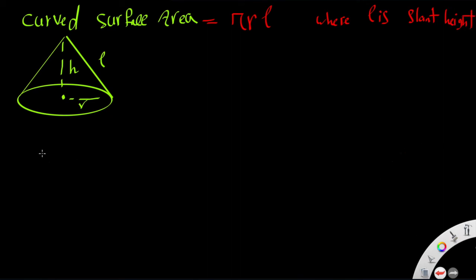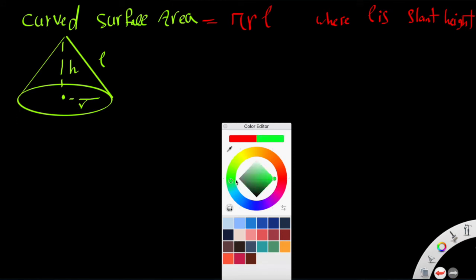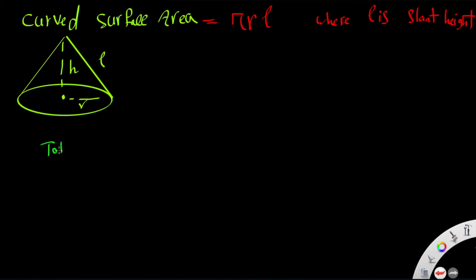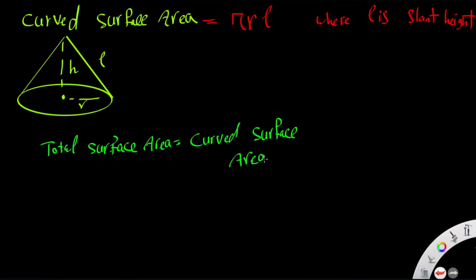So if you want to find the total surface area, the total surface area will contain two different areas. Once the curved surface area plus another face, which is your base, plus base area.